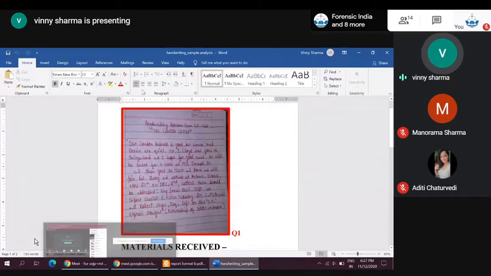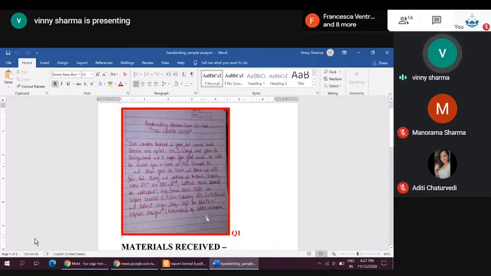This has to be done on the original document only, and this is the primary thing that you should do on all your samples, whether they are questioned, whether they are standard. When they are standard, this marking and labeling has to be done in blue pencil, and the labeling will be A1, A2, A3 for your admitted ones, or some of you will take it as the non-requested samples, and S1, S2, S3 as specimen or your requested samples.